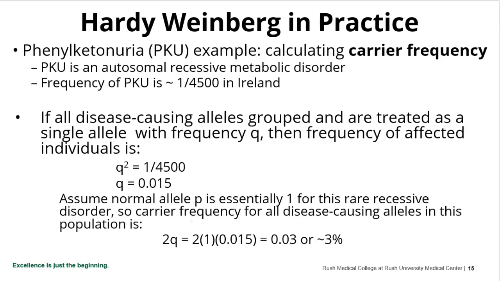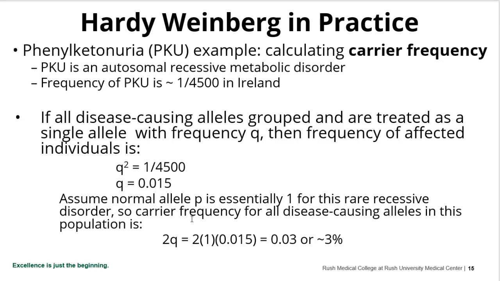If all disease-causing alleles are grouped and treated as a single allele with a frequency of q, then the frequency of affected individuals, q squared, is 1 in 4,500, and q is 0.015. Again, I just showed you that one example to show you how you calculate p, but let's just assume p is always 1, and for your situation, I will never give you anything where p is not 1.